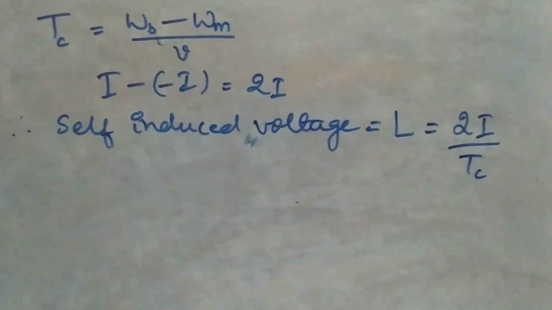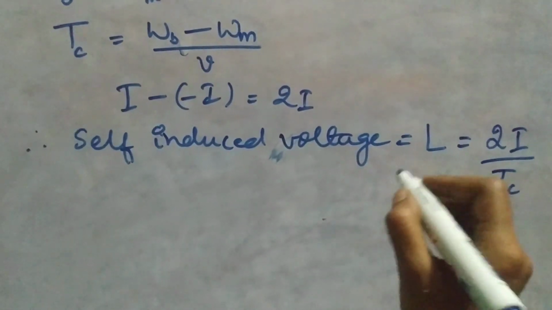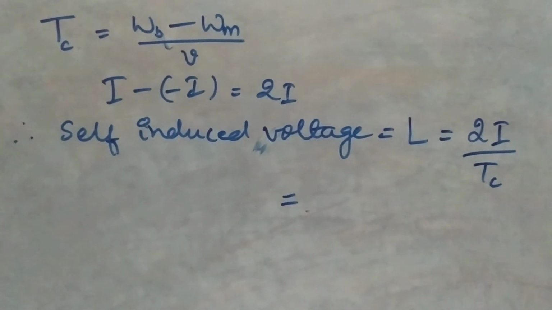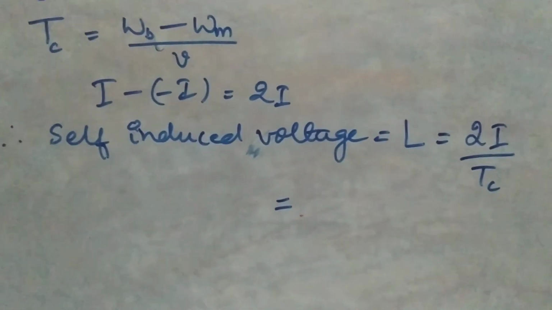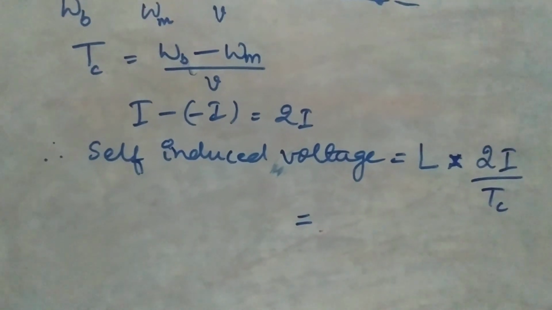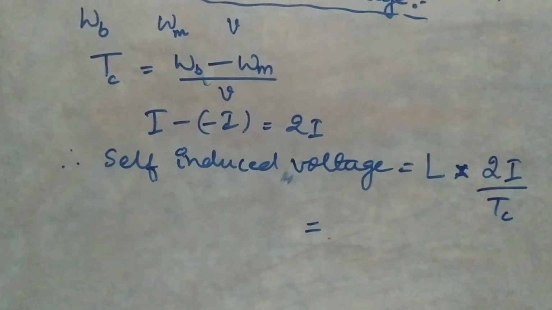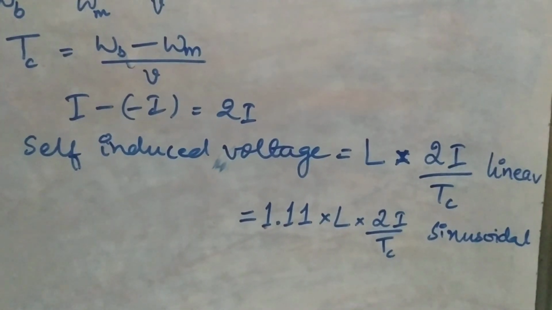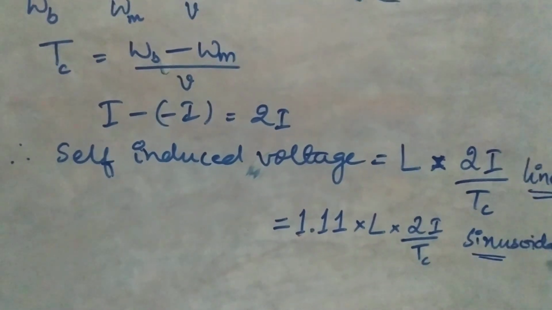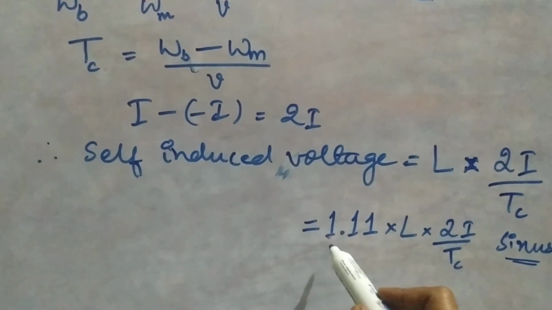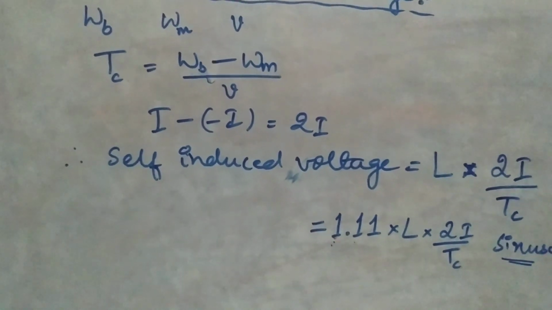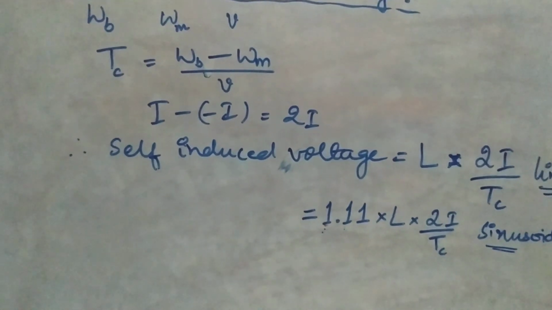Usually for the linear type, the self-induced EMF is L into di by dt, and if you want the self-induced EMF for the sinusoidal one, we need to multiply with 1.11. It is nothing but the conversion of the RMS value to the maximum peak value.